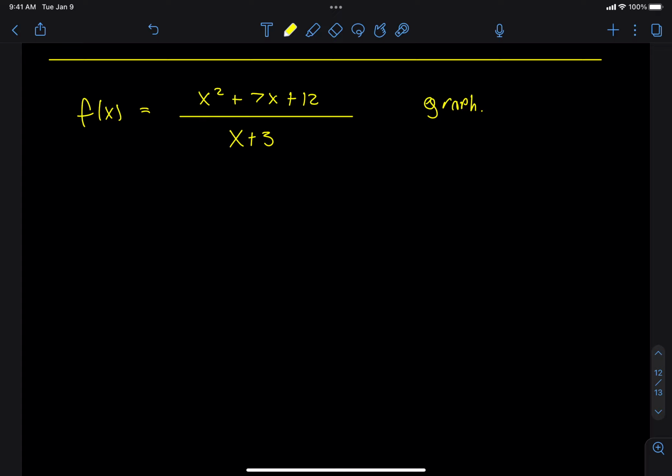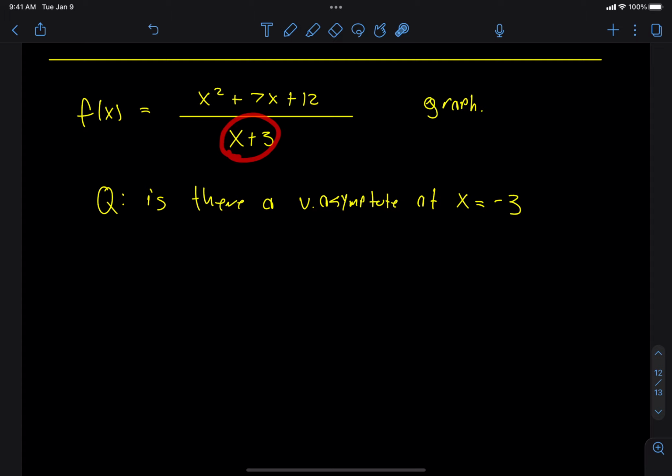My question for the class, and it's not a trick question, it's just a question: is there a vertical asymptote at x equals negative 3? That would make the denominator 0, right? No. Why is there not a vertical asymptote at x equals negative 3 for this problem?